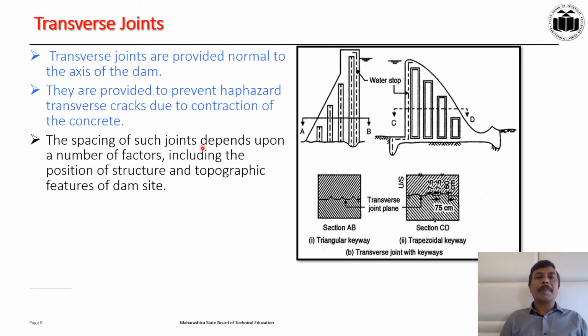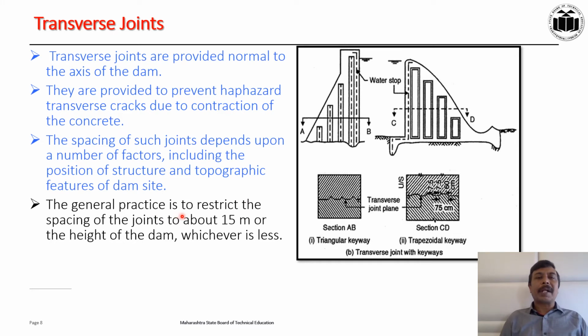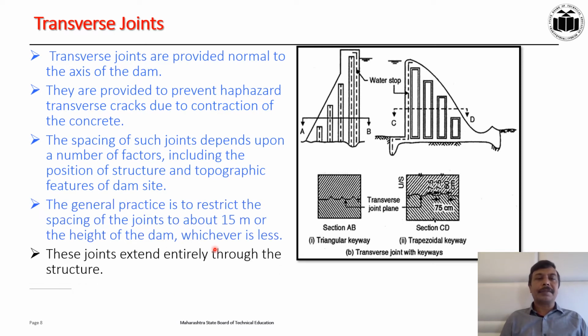The spacing of such joints depends upon a number of factors, including the position of structure and topographic feature of the dam site. The general practice is to restrict the spacing of the joints to about 15 meter or the height of the dam, whichever is less. The joints extend entirely through the structure.